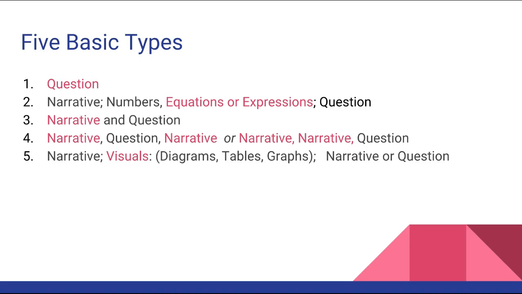The visual could be tables, graphs, diagrams, anything of that sort. Then you would have a narrative after that, or a question. So basically, what you need to remember is that you will have just a plain question, or equations and expressions, or just a narrative and a question, or 2 narratives, or visuals.